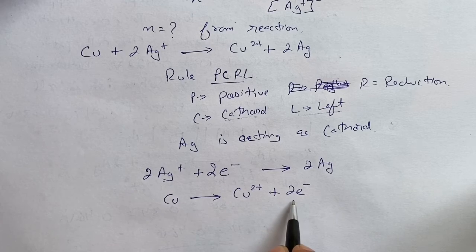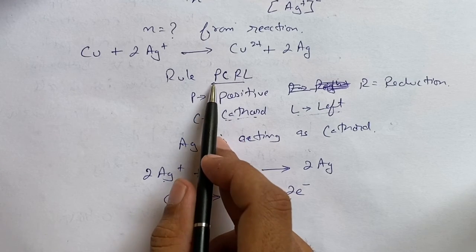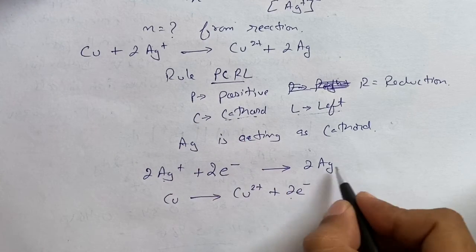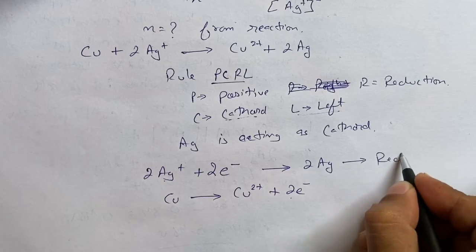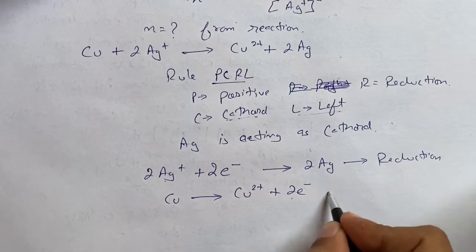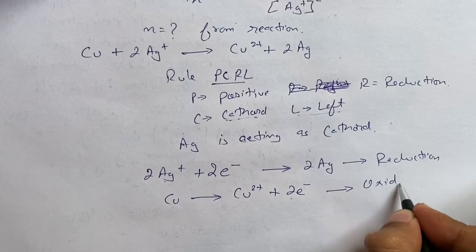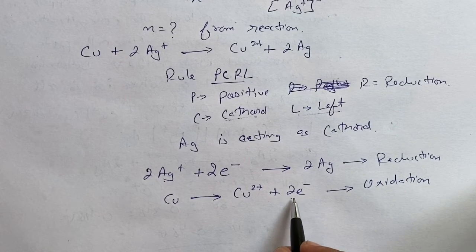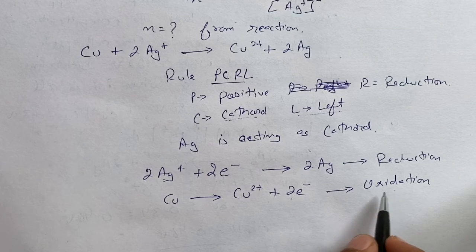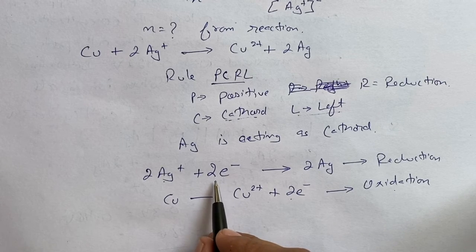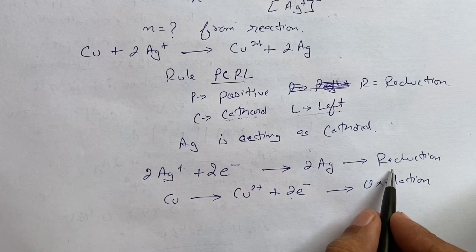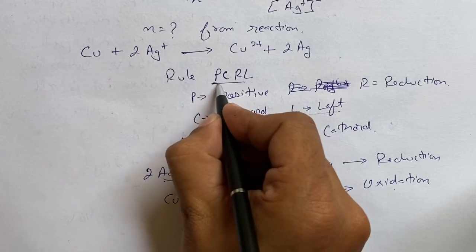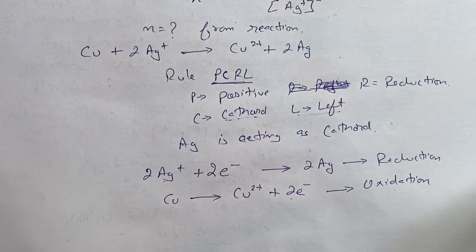This reaction will be the reverse of the reduction reaction, so this will be oxidation. Always remember, the electron is added on the right hand side in oxidation and on the left hand side in reduction. Remember this PCRL rule.